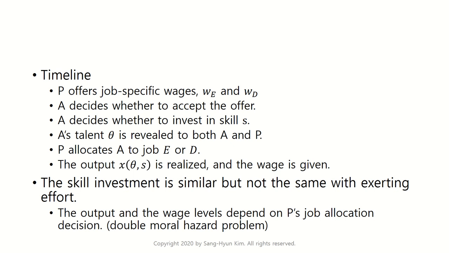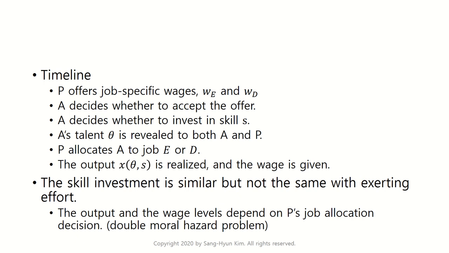You make an investment, a job-specific investment, and so your skill level is higher, but at that point maybe the principal doesn't want to promote you. That is possible, right? So you make an investment expecting that you will be promoted, but the principal denies promoting you, right? So there is this trust issue, like you have to trust the principal.